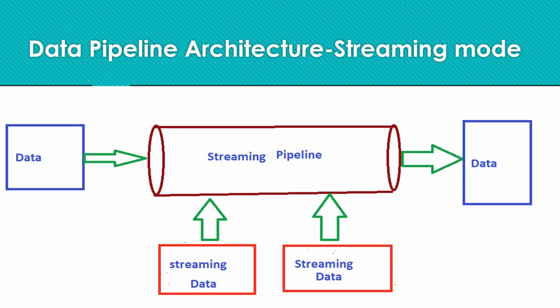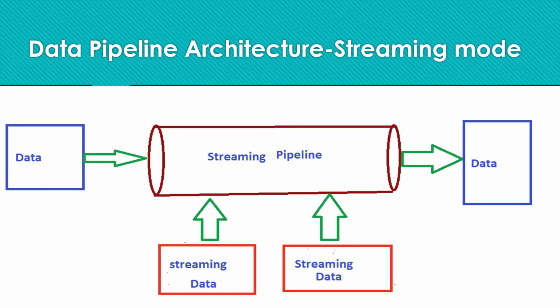The next category is the real-time or streaming data pipeline, which extracts the data from the source systems directly. Normally, a system generates data and it is stored in a database or a file.